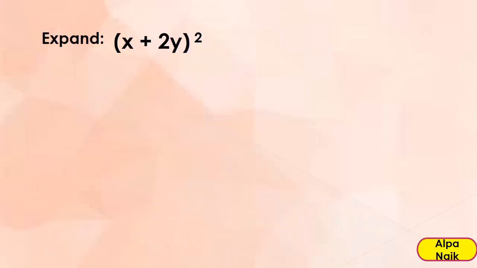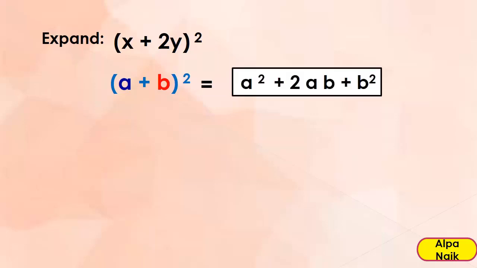Let's take an example. (x + 2y) the whole square. Now this is (a + b) the whole square. So recall the formula, a square plus 2ab plus b square. Now in the formula, where a is there, we put x. Where b is there, we put 2y.